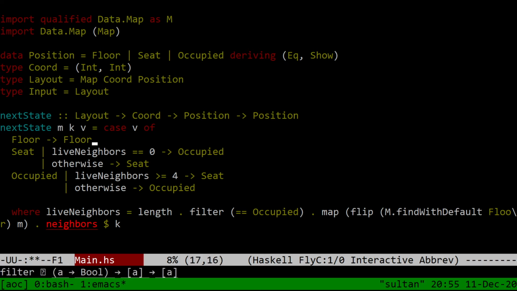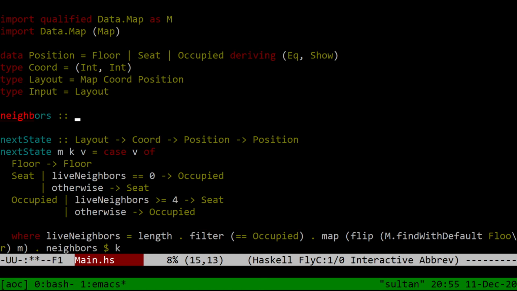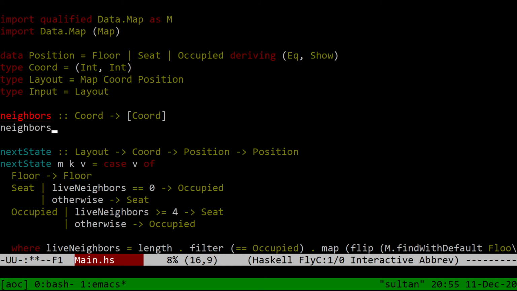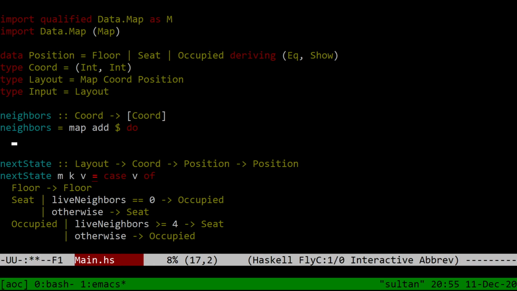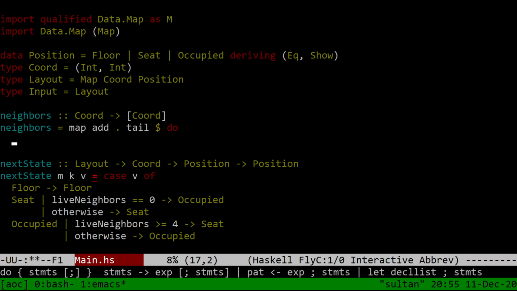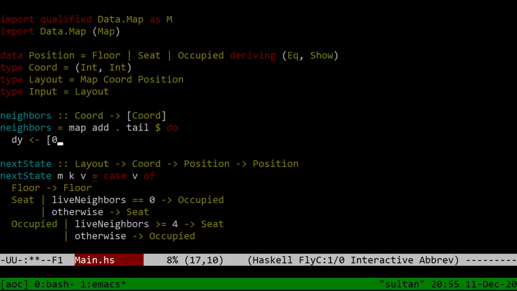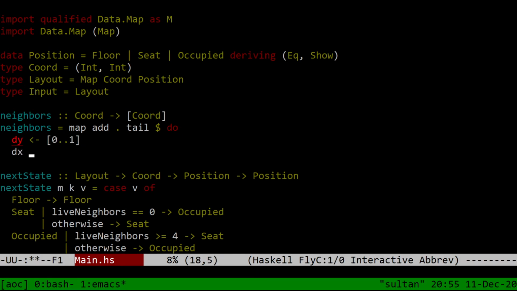So we have to implement neighbors. If we say neighbors is a function from coord to list of coord, neighbors equals, I guess, map add of do, tail of do dy from 0, 1 dx from 0, 1.